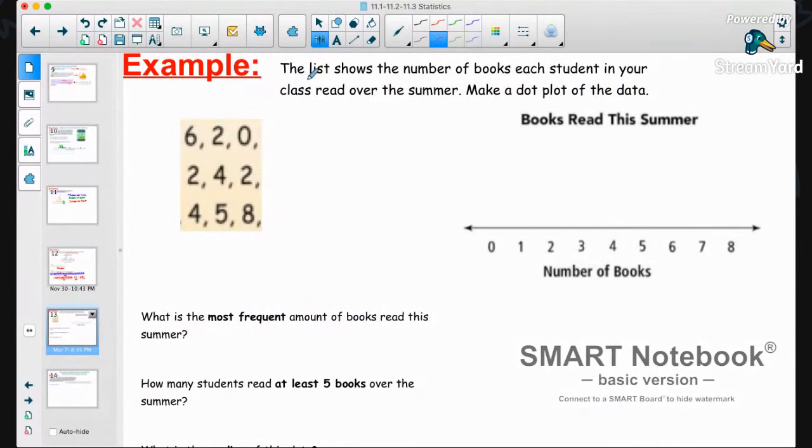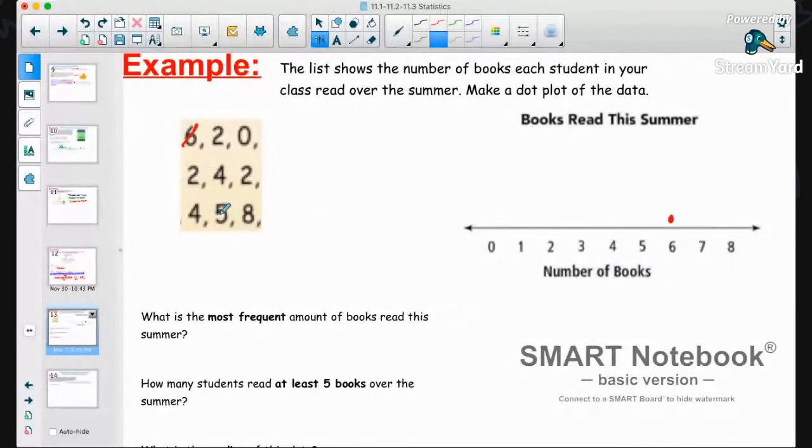The list shows the number of books each student in your class read over the summer. Make a dot plot of the data. As you see here, the list shows the number of books. For example, how many students read 6 books? Just one student. So there's only one dot you need to plot.